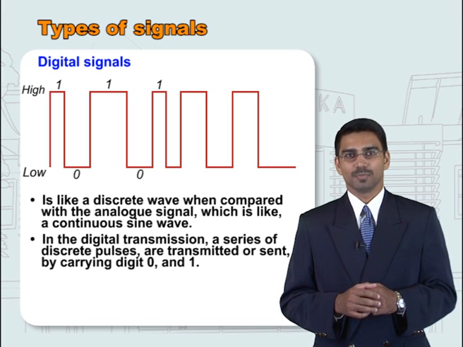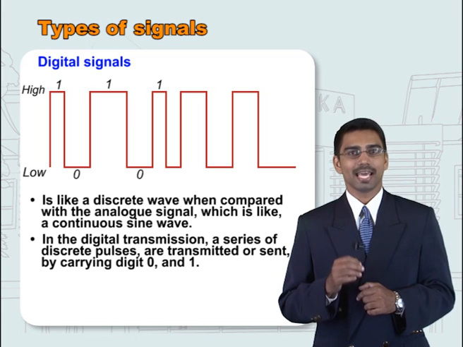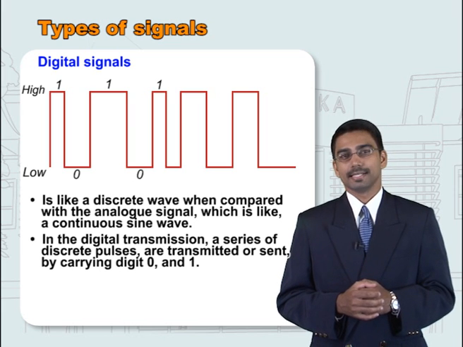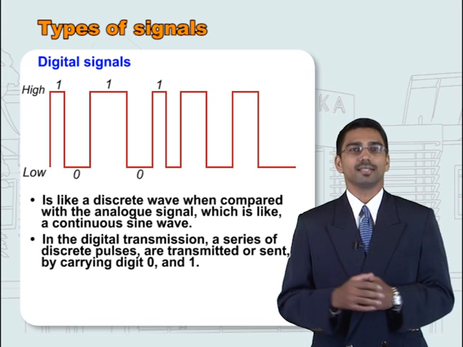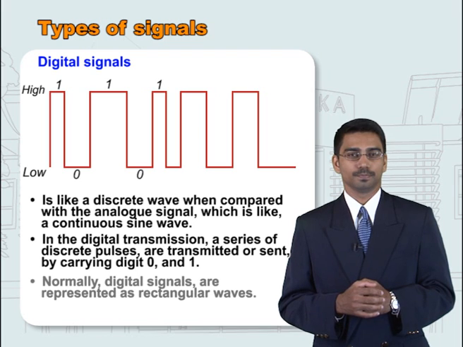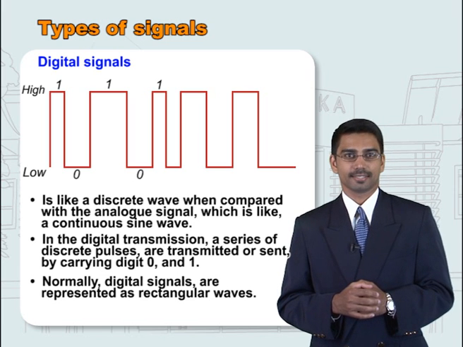In the digital transmission, a series of discrete pulses are transmitted or sent by carrying digit 0 and 1. These 0 and 1 values are similar to the binary data representation in the computer, which you had learned in topic 2. Normally, digital signals are represented as rectangular waves, as shown on the slides.